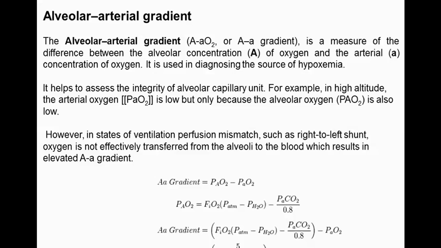So the partial pressure of oxygen will be what? The percentage of the gas in the total pressure. So it's 0.21, the concentration of oxygen. So the pressure of oxygen will be 0.21 multiplied by 760, the total atmospheric pressure. Is it clear or not?